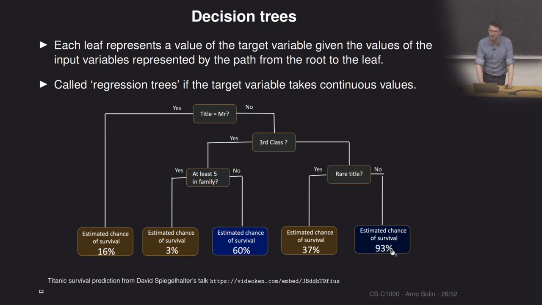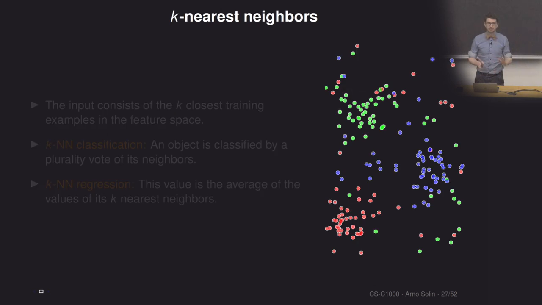No? Well, very good chances of surviving. Yes, not great chances of surviving. So this is a decision tree trained on the passenger data from the Titanic. Okay, that's a decision tree.